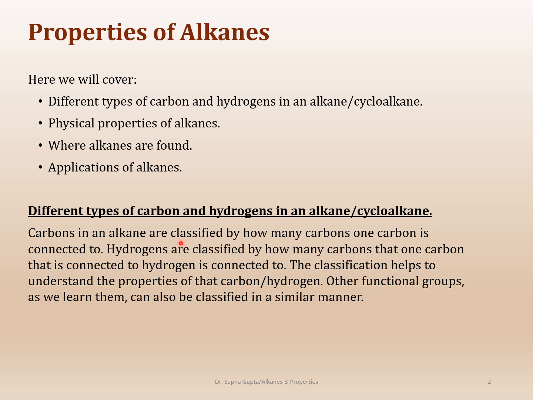How many carbons are connected to that one carbon is how we classify the different kinds of carbons. And that's what we're going to do in the next slide. But the way we connect the carbons is also how we connect the hydrogens, because a hydrogen is connected to one carbon, but that one carbon can be connected in different ways. And so that's what we're going to look at now.